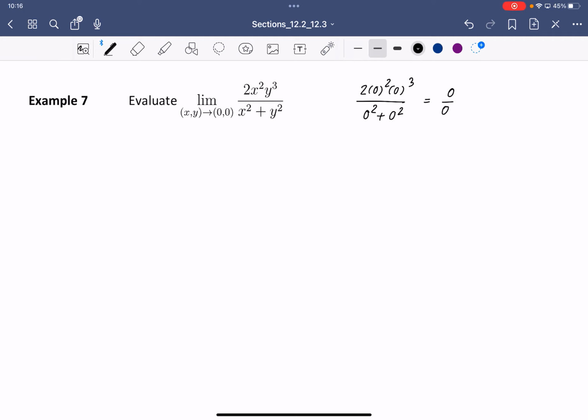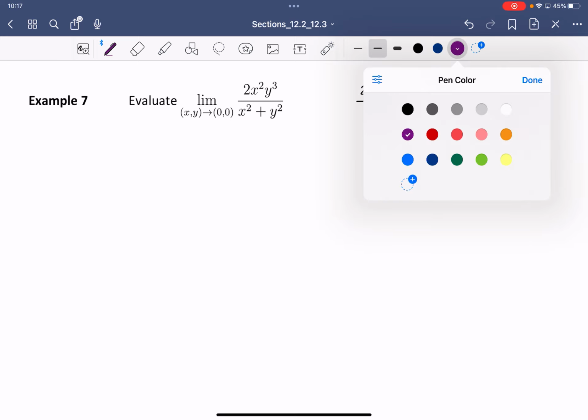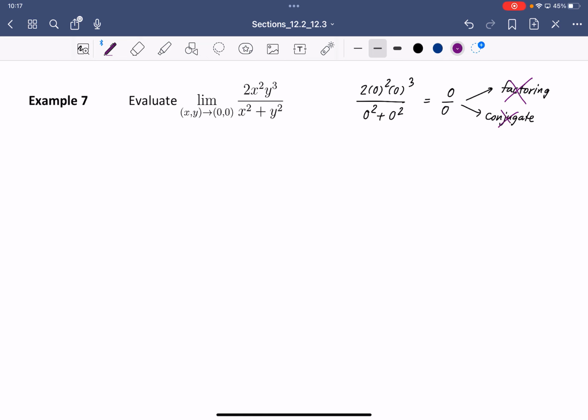So it means that you have to do something, but you actually know that factoring and the conjugate will not work, right? Because you cannot factor it here, and you have nothing to do with a conjugate.